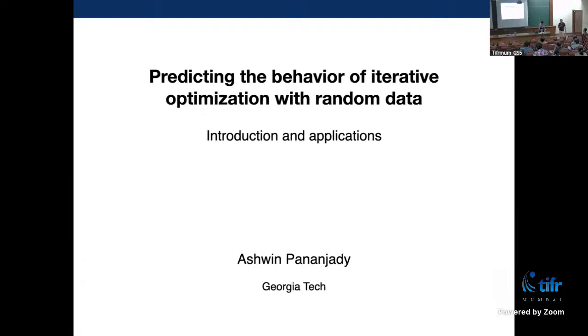Okay, so it's now time to introduce our lecture awardee for this year, which is Ashwin Pananjady, who is an assistant professor at Georgia Tech. So Ashwin and TIFR are known to each other. He came as an intern here 10 or 11 years ago with Vivek, his fellow intern, and spent a couple of months braving rains.